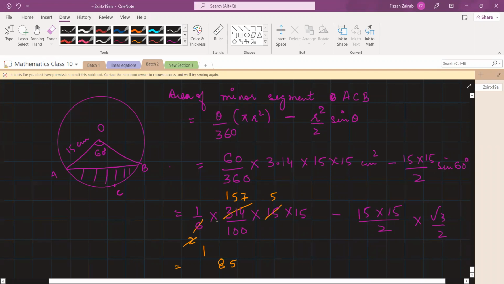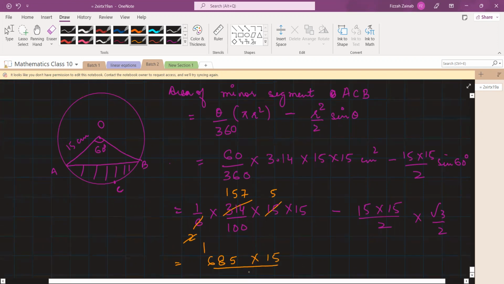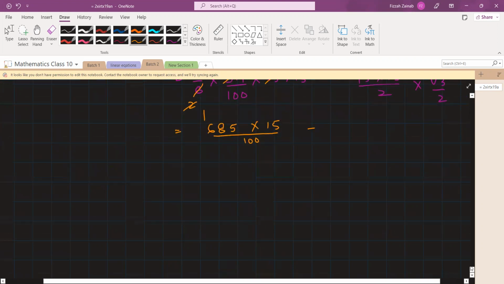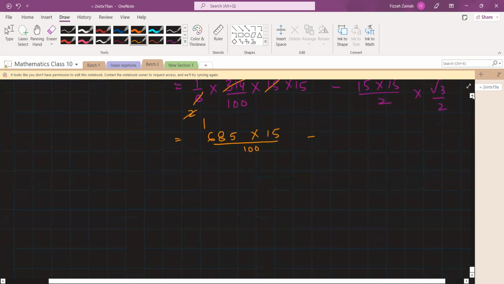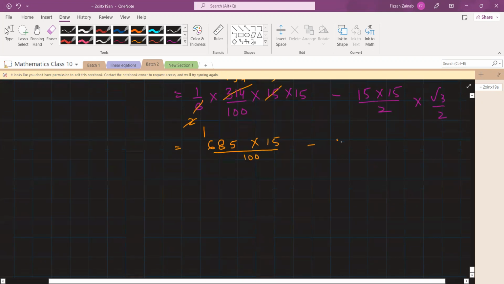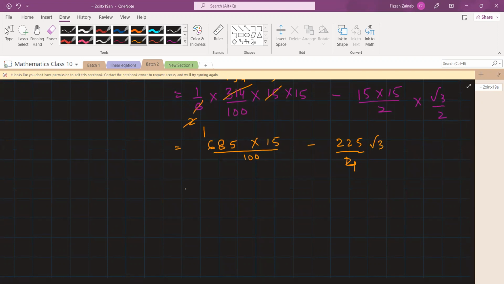Carry 1. 685 into 15 and then divided by 100, minus, sorry, 15 into 15 is how much? 225 divided by 4 and root 3. So this you can multiply if you wish.